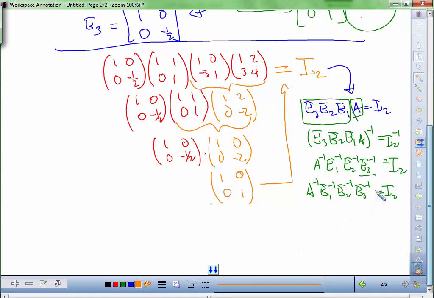And I would multiply this by E3 on the right side, and that would get rid of this. And then I'd move on and continue the same process.